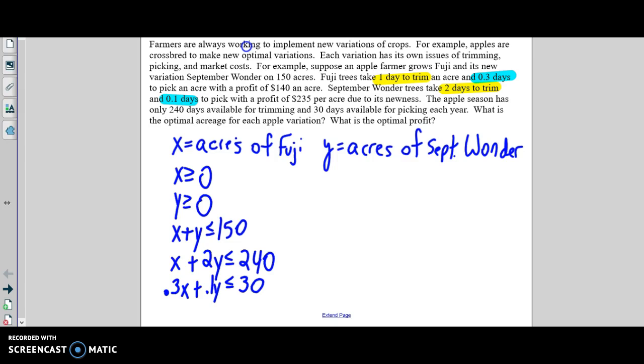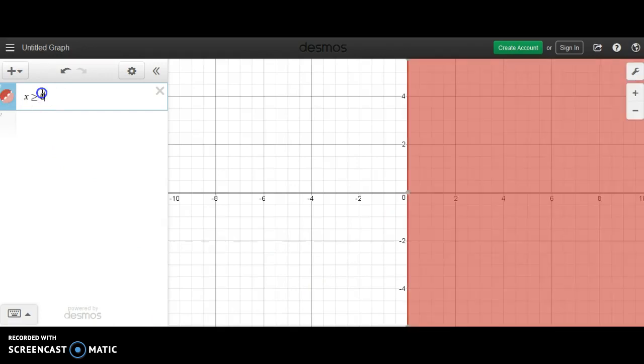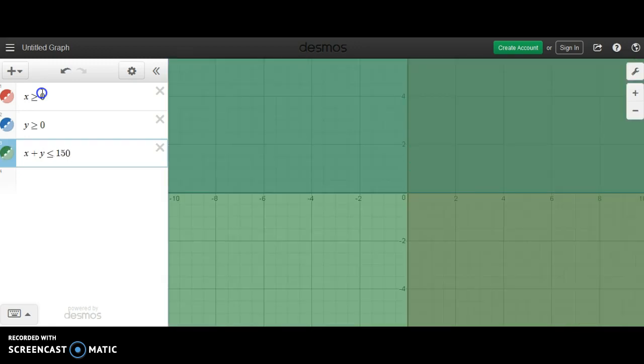So the first thing I do is graph it and figure out what I'm even looking at. What kind of bounded region do I have? Let's start there, so I'm going to pull up Desmos. I know that X has to be greater than or equal to 0 and Y has to be greater than or equal to 0, so I've got those two areas. X plus Y has to be less than or equal to 150.